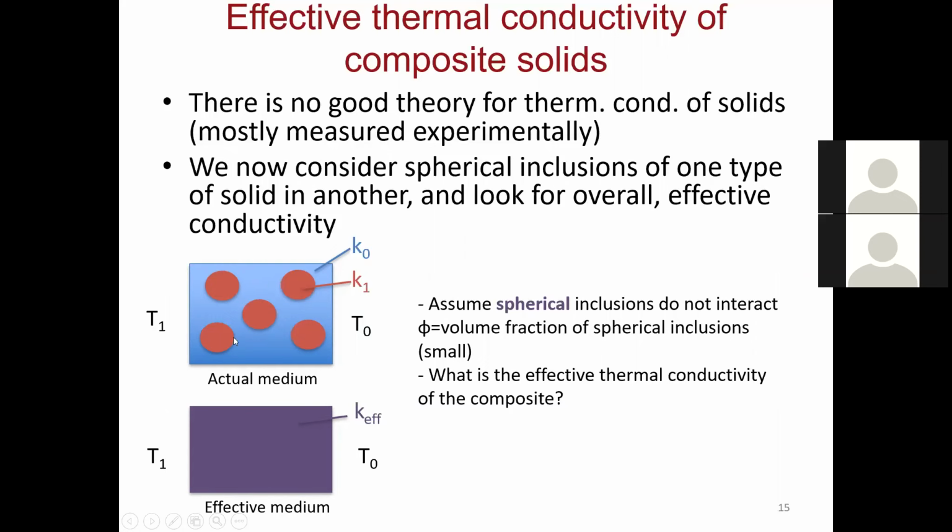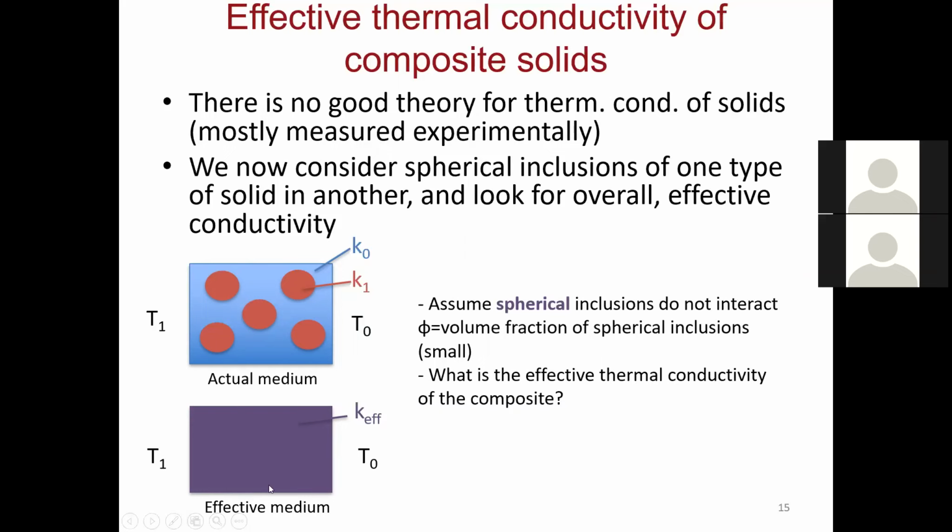There's a simple formula that gives me thermal conductivity of this composite, or rather effective conductivity. However complicated the situation might be here, when I impose T1 and T0 and measure the heat flux going through this pretty complicated medium, we can measure effective thermal conductivity by simply comparing this heat flux to Fourier's law.